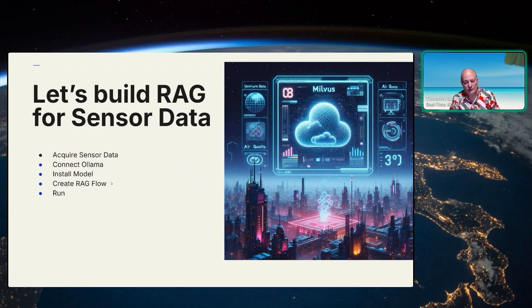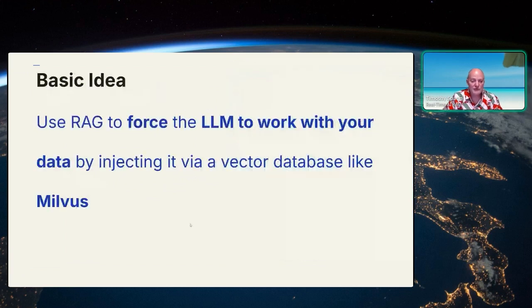Like I said, Llama 3.1 seems to work really well for these reports. I tried Llama 3.2, various versions. Didn't give me as good results. I'm not sure what's going on there, but we'll see. We'll create our RAG flow, run it, try a couple of things, show you where we can change things, show you where we can have options.